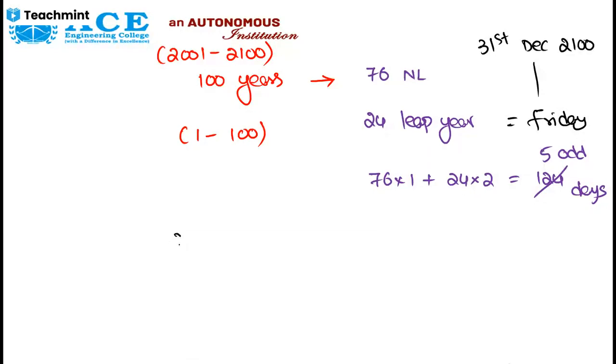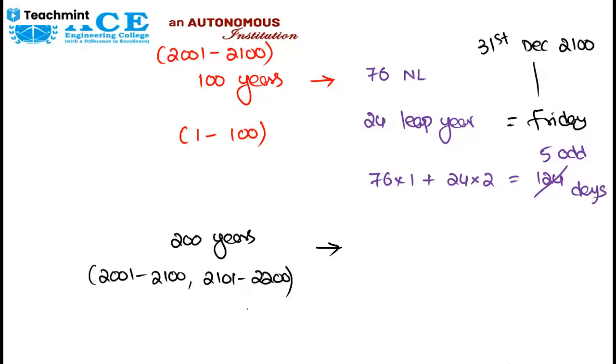Next, 200 years. 200 years in the sense you should consider 2001 to 2100 and 2101 to 2200. Here 5 odd days, here 5 odd days will come. Similarly, 2001 to 2200 also has 76 non-leap years and 24 leap years in each. Already this is 5, here 5. 5 plus 5, 10 odd days.